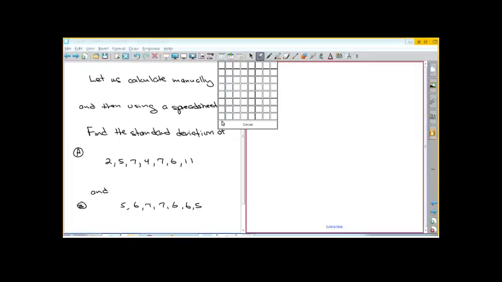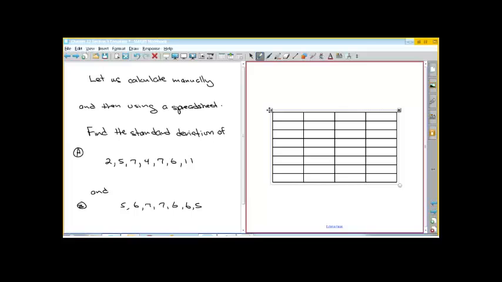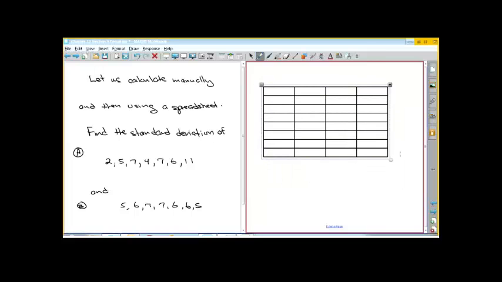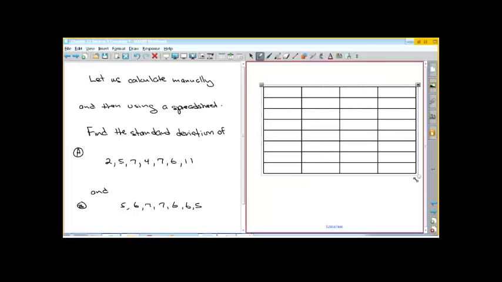I probably need 9, but I'm going to just go with 8 because that's as big as they'll let me do. And I need the data, I need one for the deviation from the mean, I need to square it, but I can add all those things up. I think I only need 3, but I'm going to do 4 just to be on the safe side. If I don't need it, I won't need it.